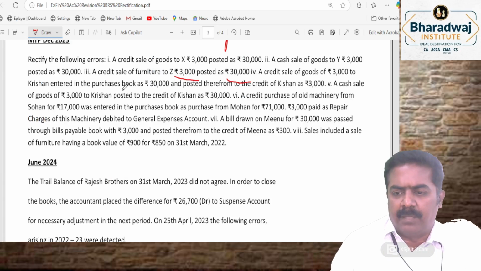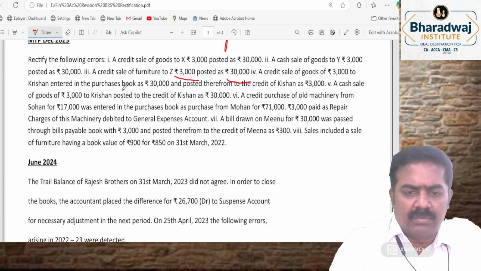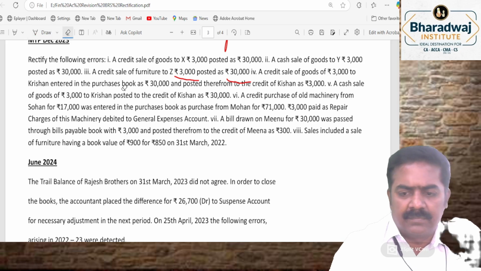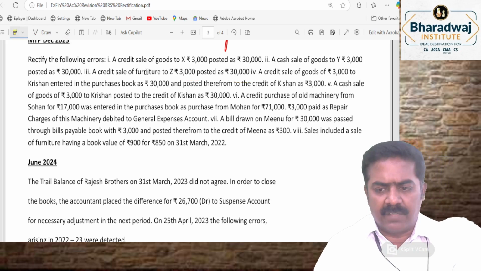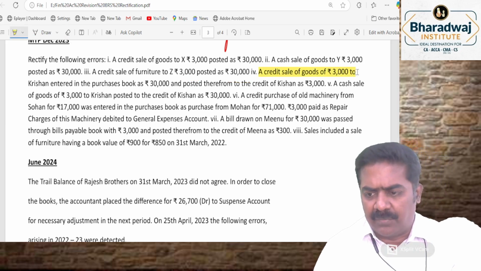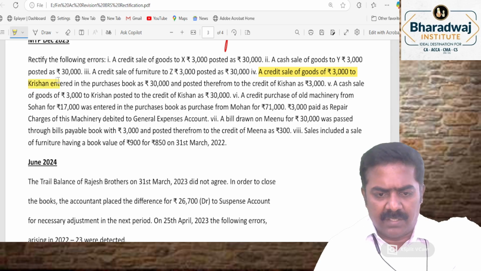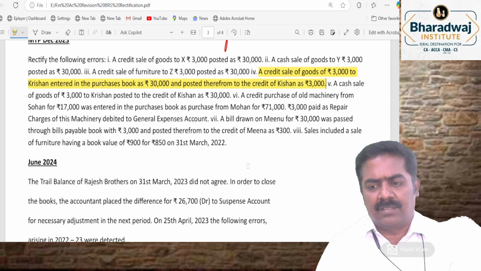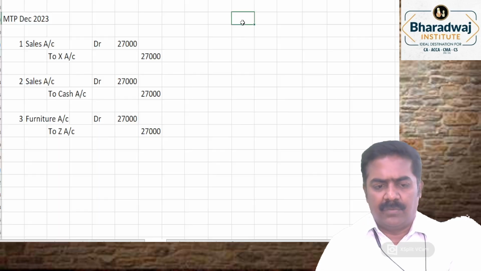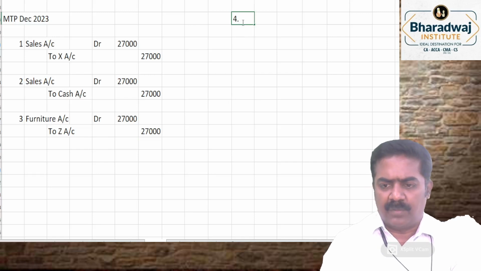Which point number? 4. Read carefully. Point number 4. What is given? Credit sale of goods to Krishnan entered in the purchase book as 30,000. From there it is posted to the credit of Krishnan 3,000 கொடுத்திருக்காங்க. See, for the fourth one, what is the correct treatment?